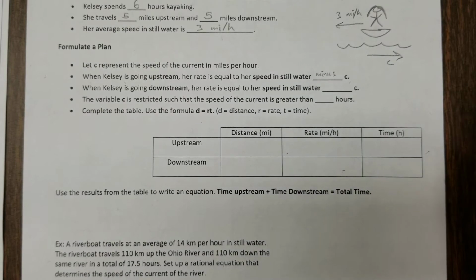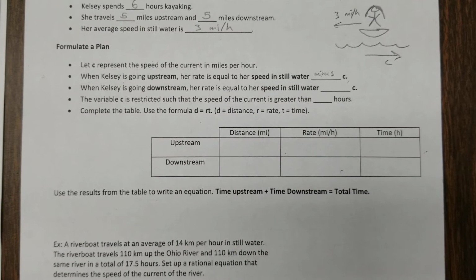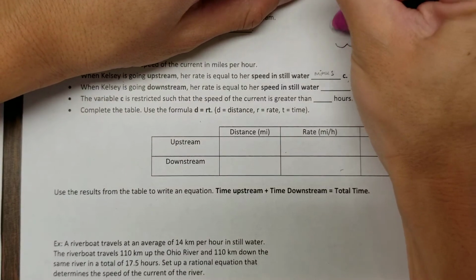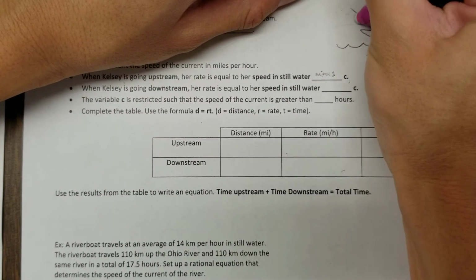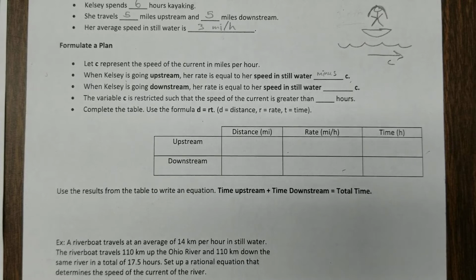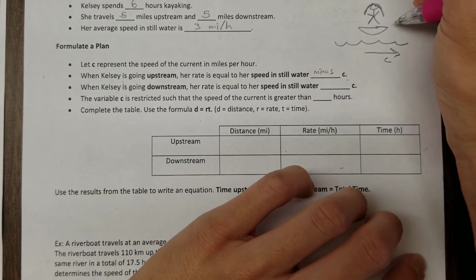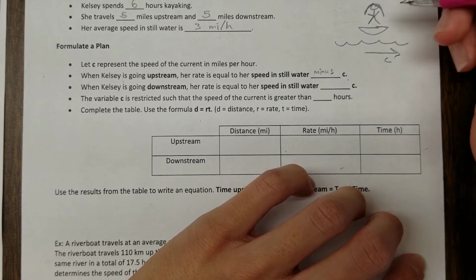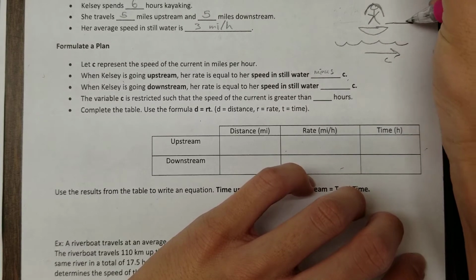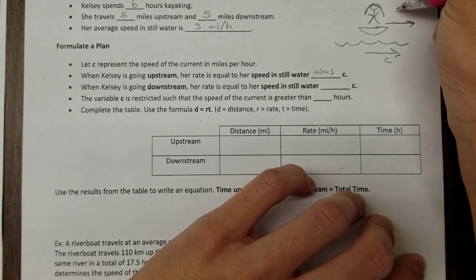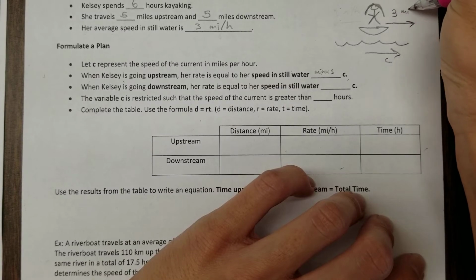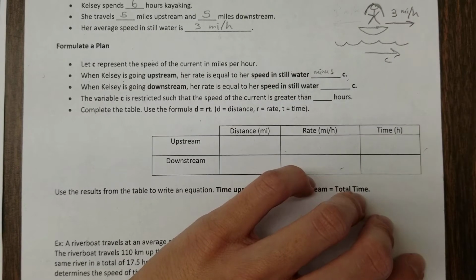Now, let's say Kelsey is going downstream instead. If I were to draw this the other way, let's say she's at Sandy's catching the wave, bodyboarding, whatever she's doing. She's going this way, trying to catch the wave, or in the river.